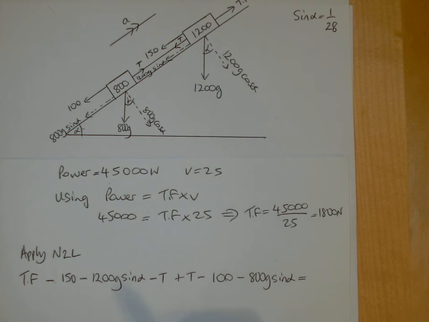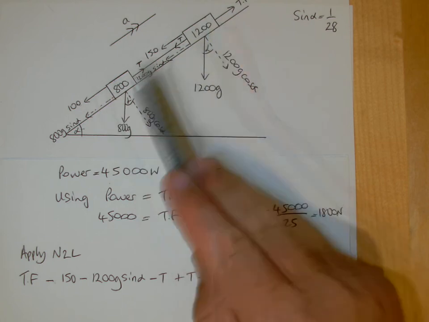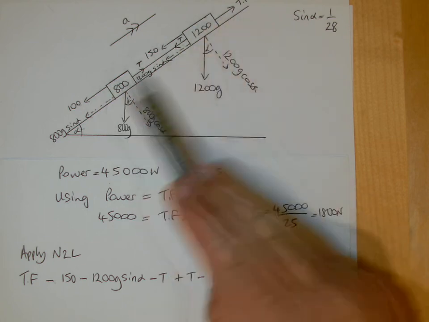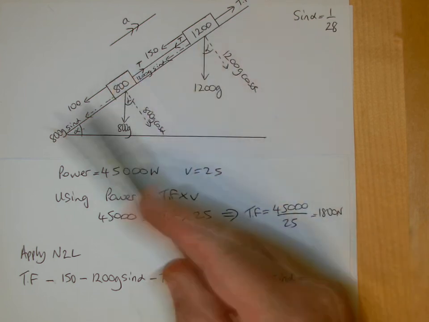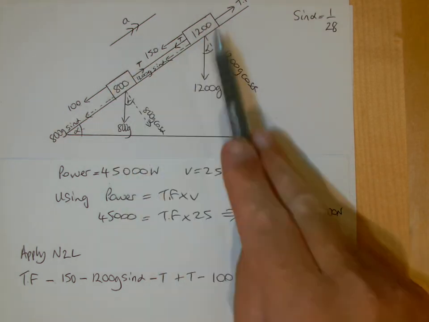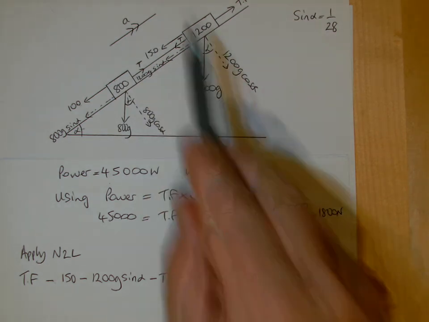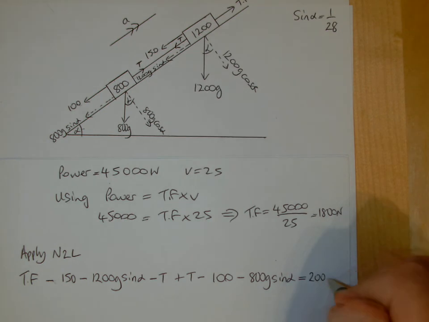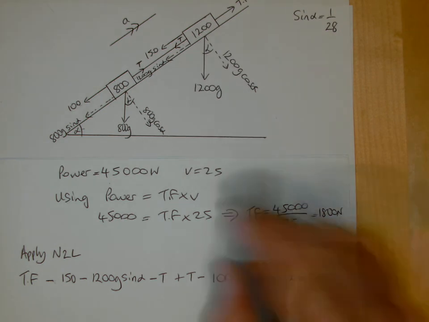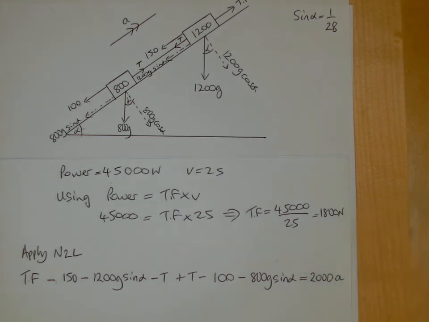I've applied Newton's second law to the whole system, thinking of forward forces take away the resistant forces, as one object. So the mass would be the combination of those two, 2,000 kilograms when you add them together. So mass is 2,000 times acceleration A.